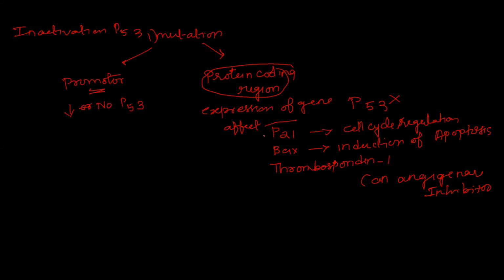Not only that, it is going to affect these things. If the cell cycle regulation is lost, the induction of cell death is also lost, and the angiogenesis inhibitor is not going to inhibit angiogenesis, right? So all this will lead a cell to transform into a tumor, or cancer, you can say, right?